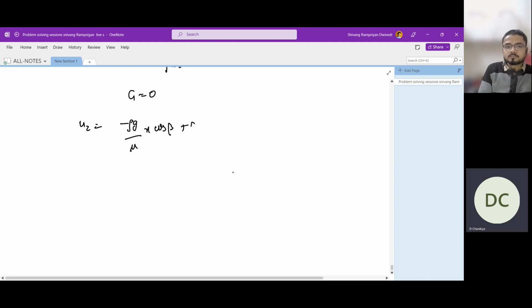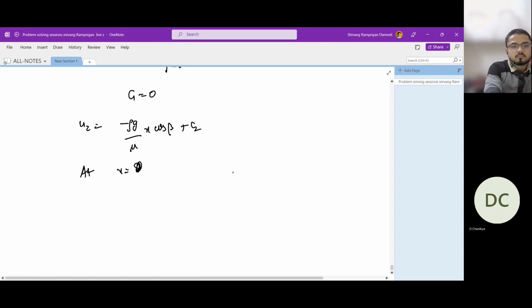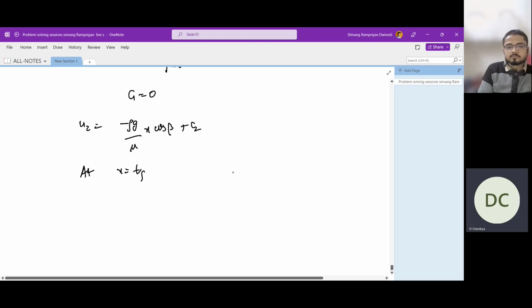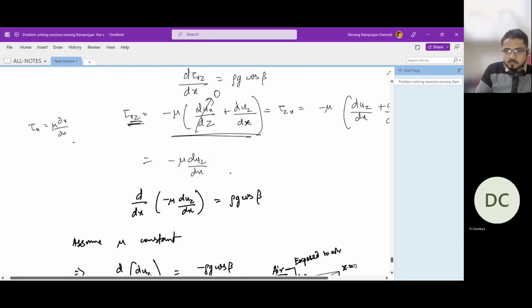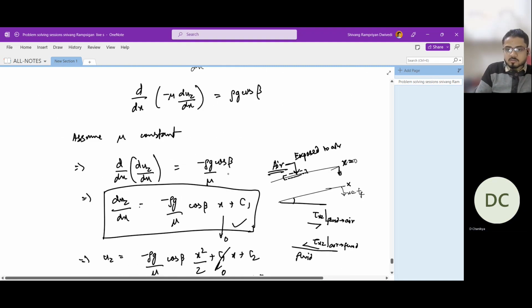And at x equals to delta, sorry, x equals TF, you have the no-slip boundary condition, right? Why? Because it is touching the inclined plane, this one.